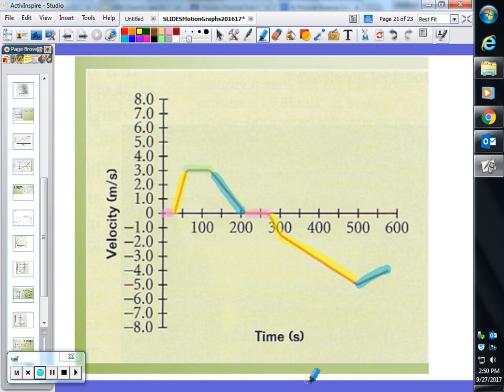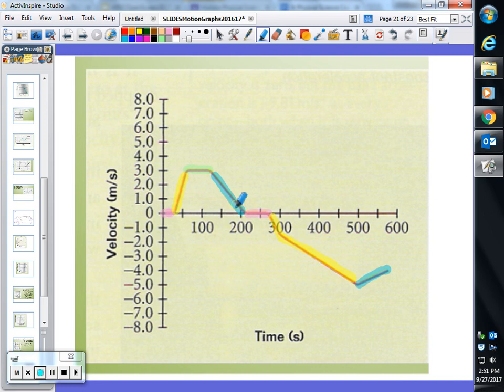The velocity goes from 0 to -1 to -2 to -3 to -4 to eventually -5. If the velocity goes from -1 to -2 to -3, it's going faster, it's speeding up, right? So even though one yellow section points upward and one points downward, they're both speeding up. Okay?